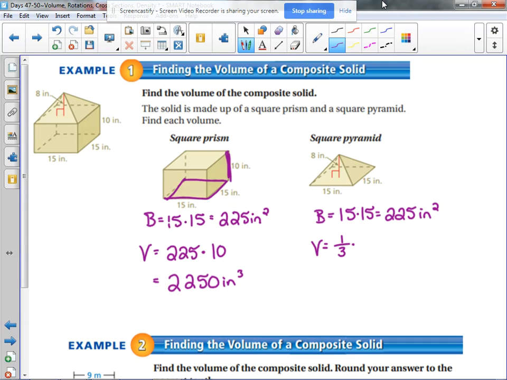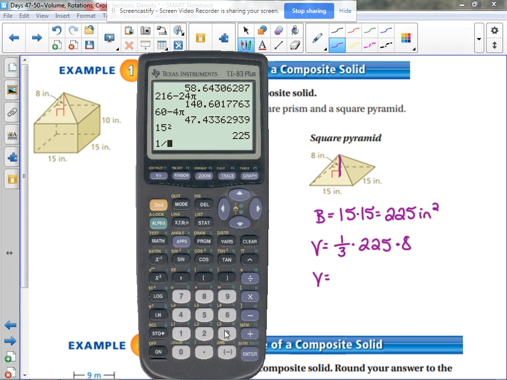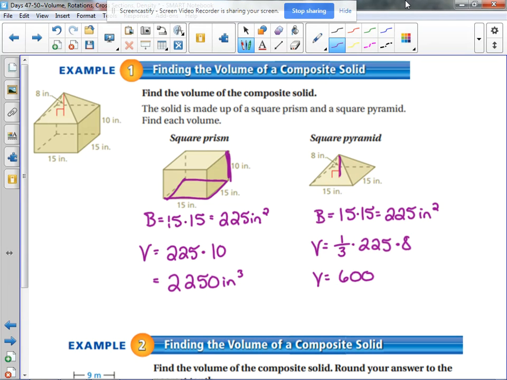So the volume of the prism is the area of the base times the height. This height is 8. So definitely not going to try and do that one in my head. 1/3 times 225 times 8. 600. Turned out to be a prettier number than I thought it was going to be. Okay, so that's 600 cubic inches.